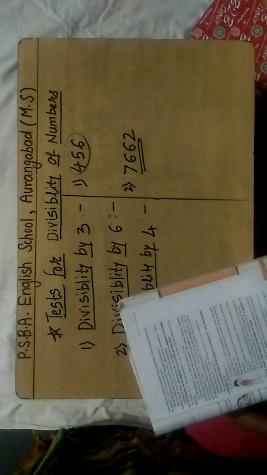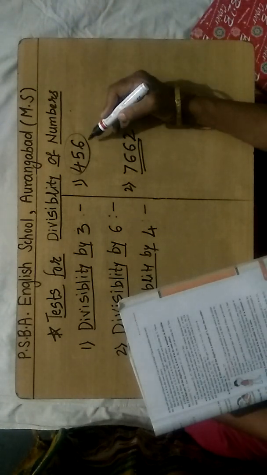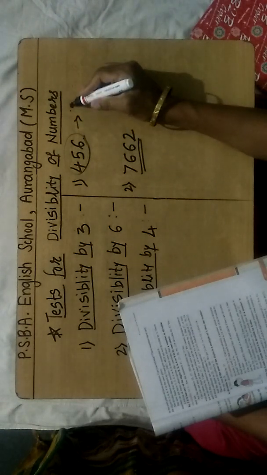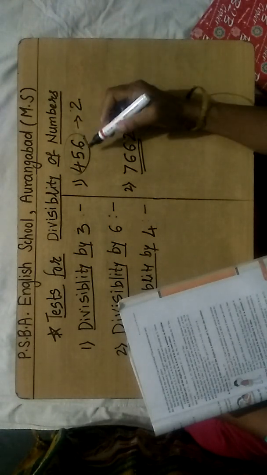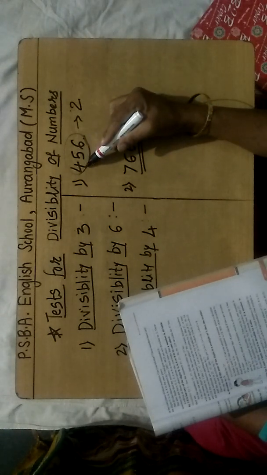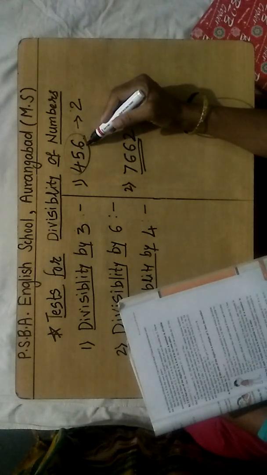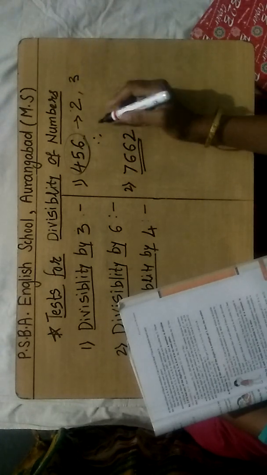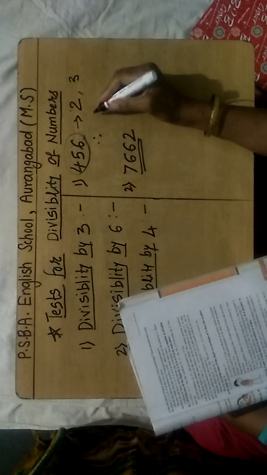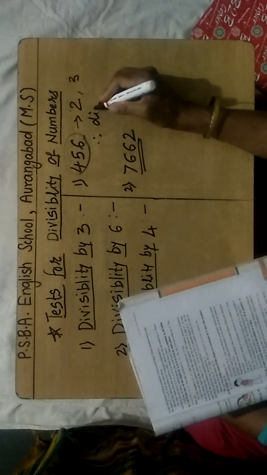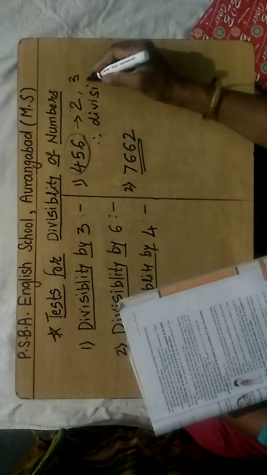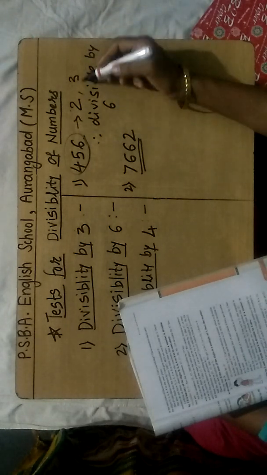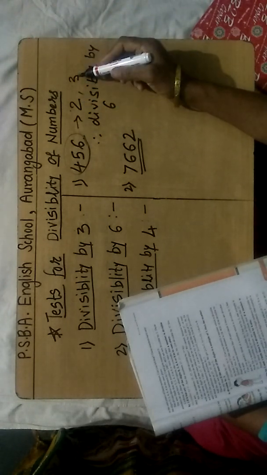Now, if we consider 456, it has 6 at its ones place, therefore it will be divisible by 2, and the sum of the digits will come 4 plus 5 is 9, plus 6 is equal to 15, therefore it will be divisible by 3. Hence, the number 456 will be divisible by 6. Why? Because it is divisible by both 2 and 3.